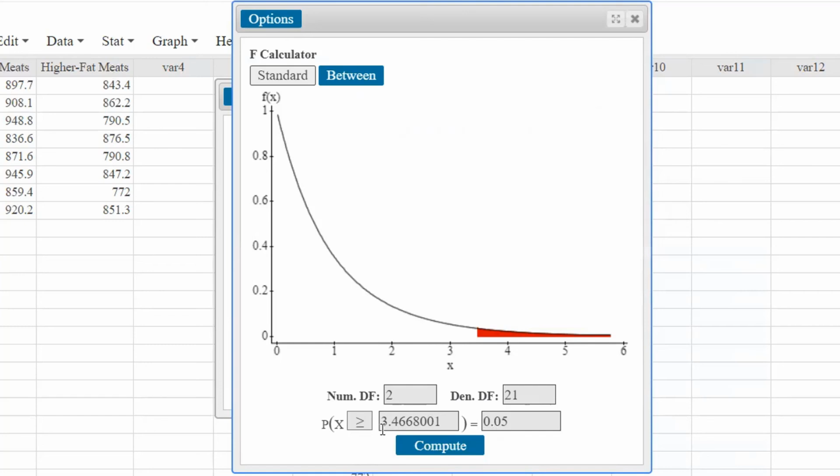So the critical value would be 3.467 for this test. So I could use this F calculator to find the critical value instead of the table if I want to use the classical approach. Although typically we won't want to use the classical approach. Typically we will want to use the p-value approach. It's much simpler.